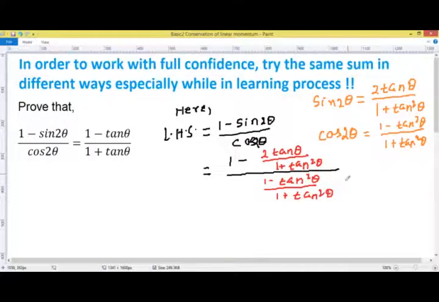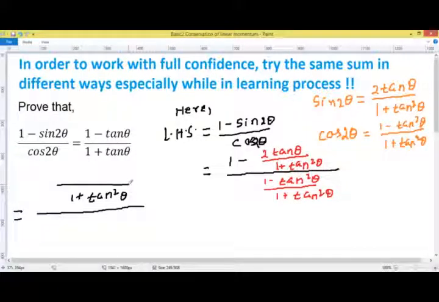So now we can go further. Now it is a matter of algebra rather than trigonometry. Your equal sign should be just below this equal sign, but I require some space, so I start from here. Now we can take the LCM of the numerator part, which is 1 plus tan square theta.